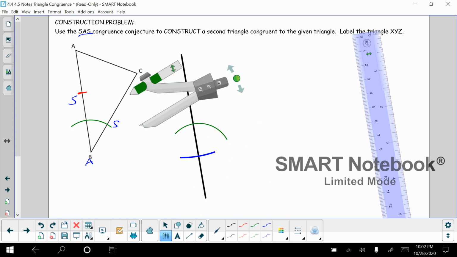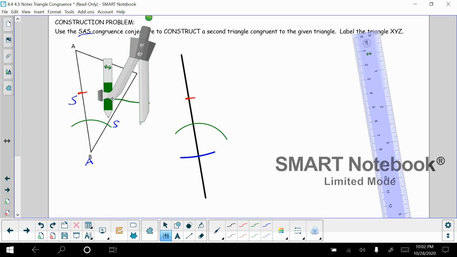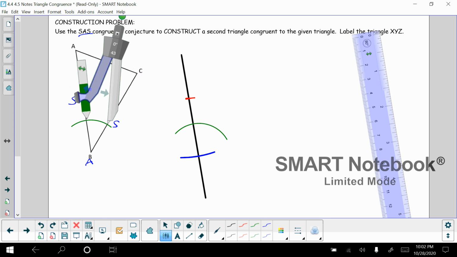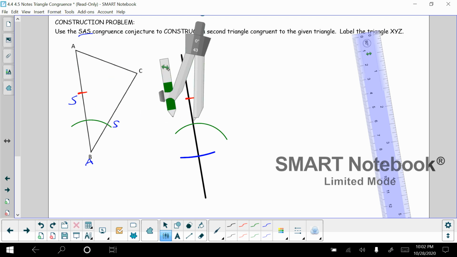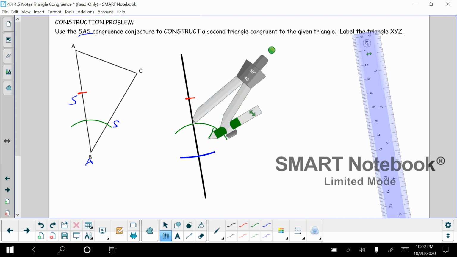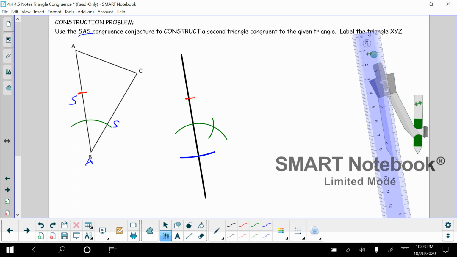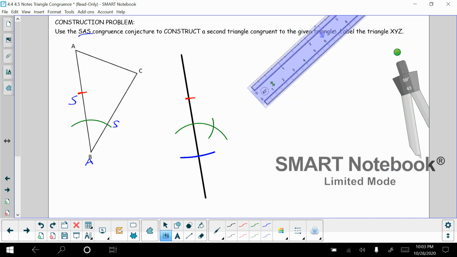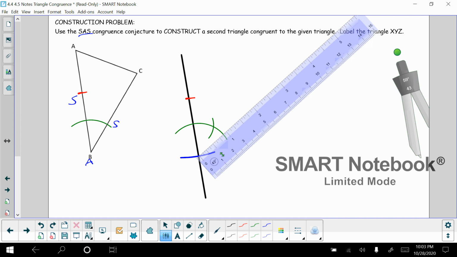Now I'm going to go measure how wide the angle is. Place it on this intersection right here and make an arc like that. So I just made an angle the exact same size as angle B right here.